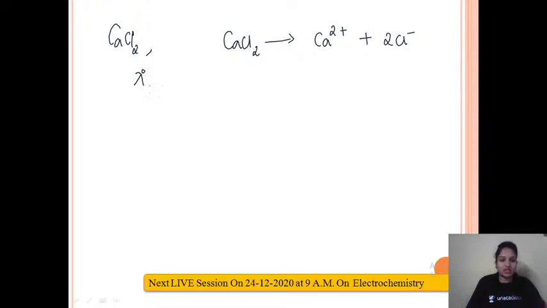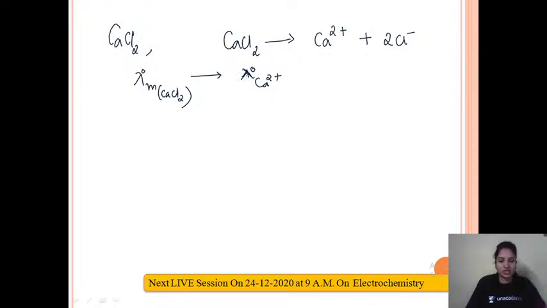Now if I am writing the limiting molar conductivity of calcium chloride, what does it form? It forms 1 mole of calcium 2 plus ion, so lambda naught of Ca2 plus ion.